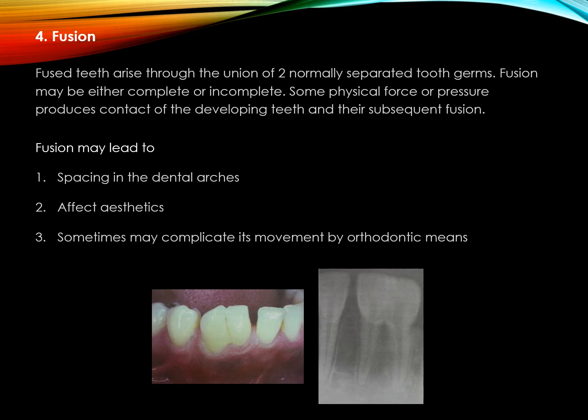Fusion may lead to spacing in the dental arches, and also this indirectly will affect aesthetics, and can complicate its movement by orthodontic means, because it's as good as moving two teeth, but these two are connected at the crown level, and then it becomes challenging to move these teeth in question.